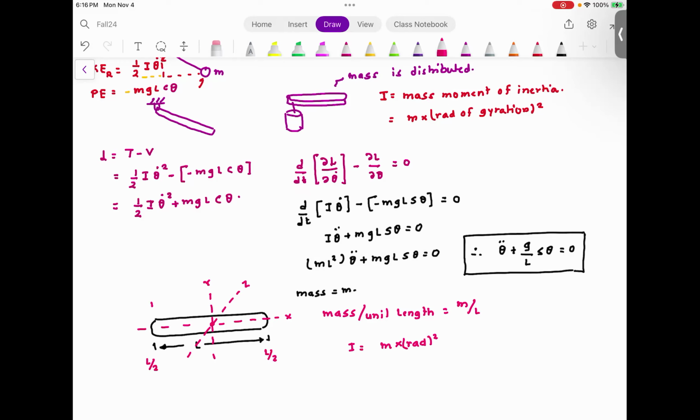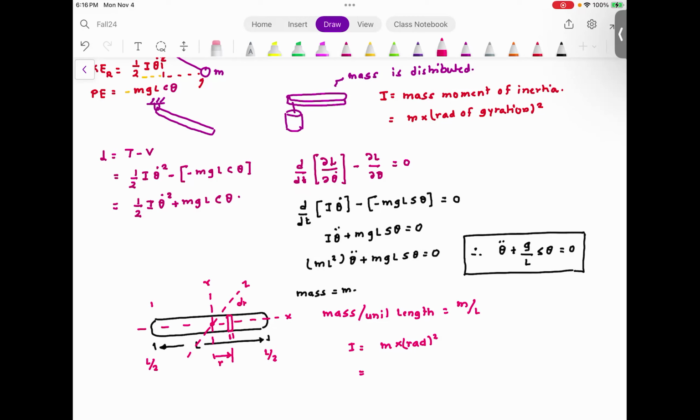Since the mass is distributed, I'm going to take a small strip. The thickness of this strip is dr, and it is at distance r.